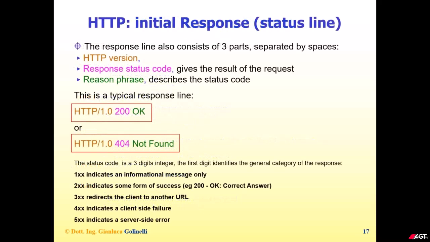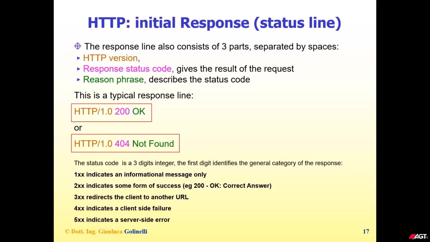Let's see, in the case of the response message, how the initial line is structured. Composed of three parts, like the request line. The first part indicates the version of the HTTP protocol with which the server responded. The second, a status code that represents the category of the response.